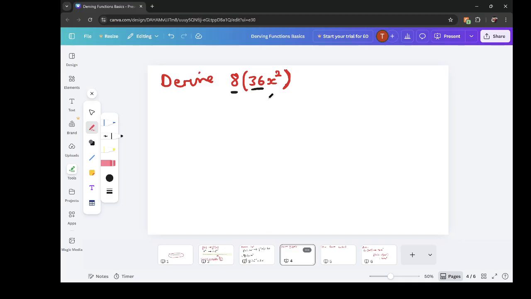Or you could just consider it as 8 times 36 times x squared, because this 8 and this 36 are both rational numbers attached to the variable but don't have a variable themselves. If we can bring them out and combine them into one number, we don't have to calculate this right now. But if we do, let me just bring out a calculator.